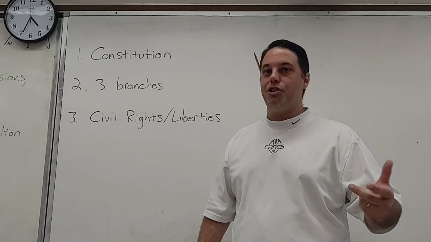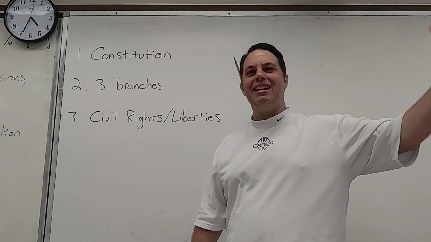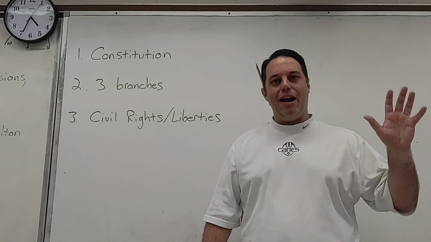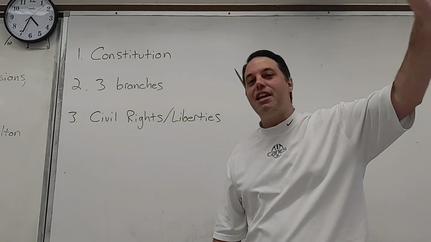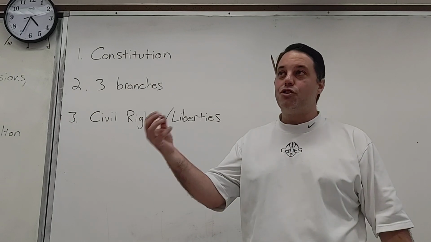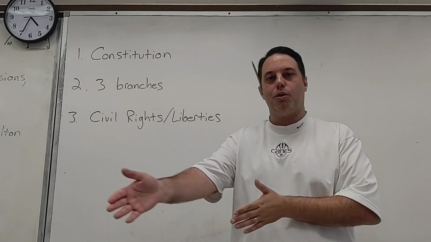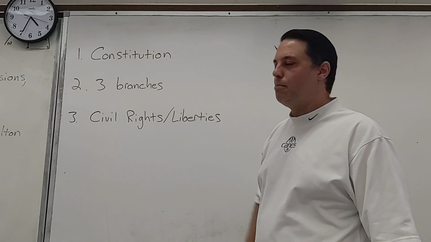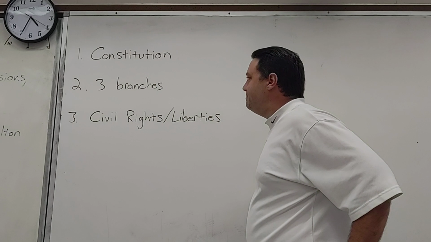The example I always give is regulating the internet. There is no possibility that the founders could have conceived of something like the internet, so they made this open-ended so that if something like that came up, the federal government can get involved. So that's where the necessary and proper clause comes in.